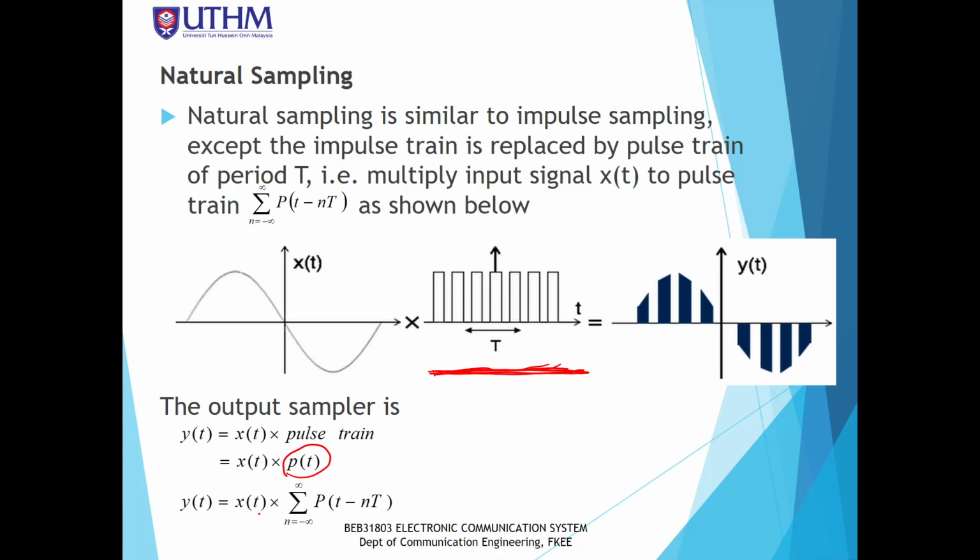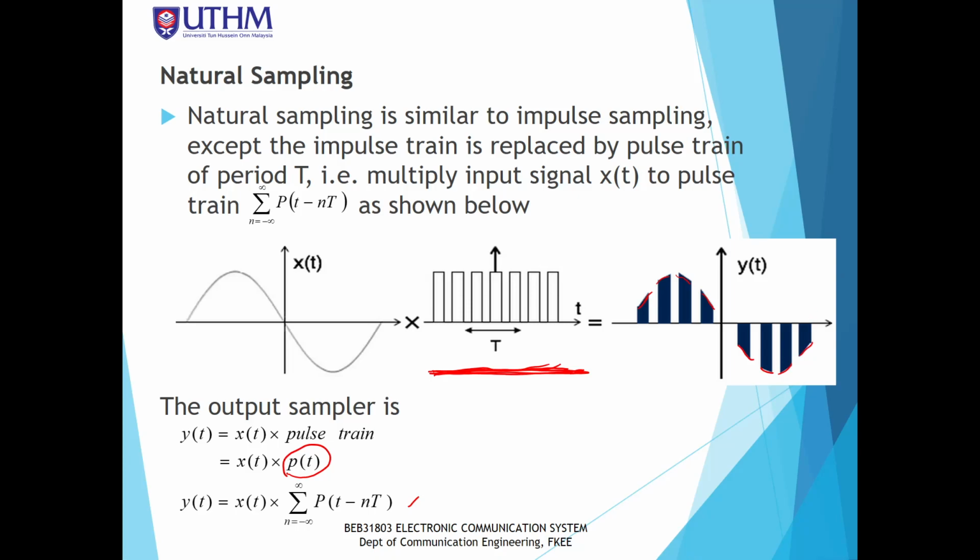When we multiply with xt, the input, it becomes yt at the output. The output PAM signal shows that the amplitude of the output follows the shape of the input signal. You see that the shape of the PAM signal follows the shape of the analog input.